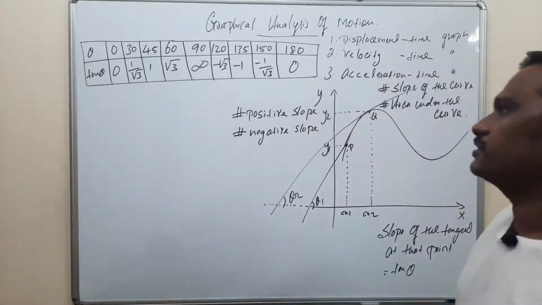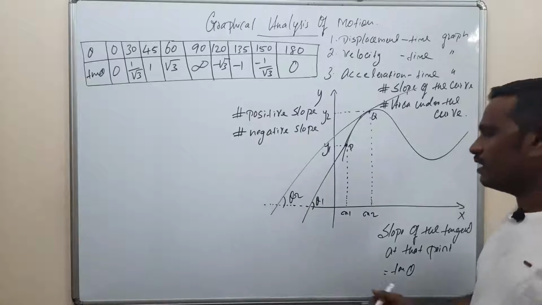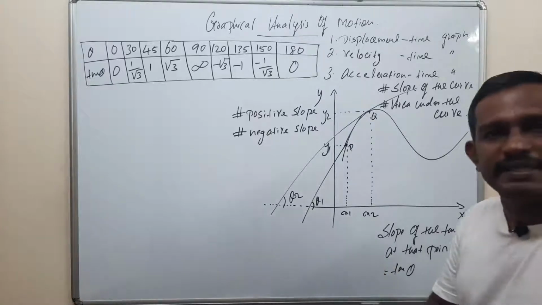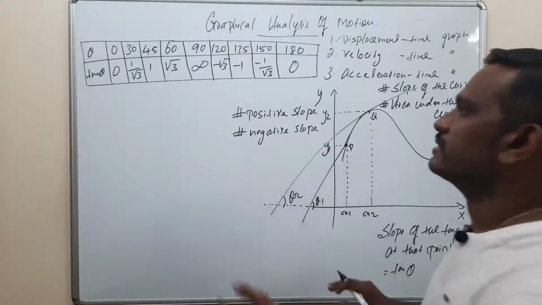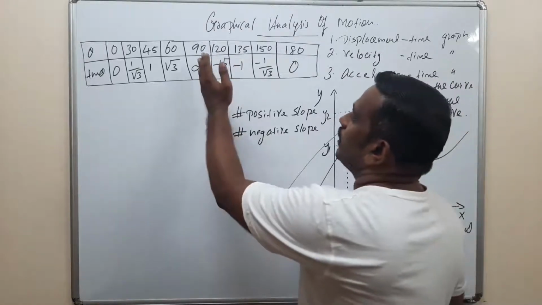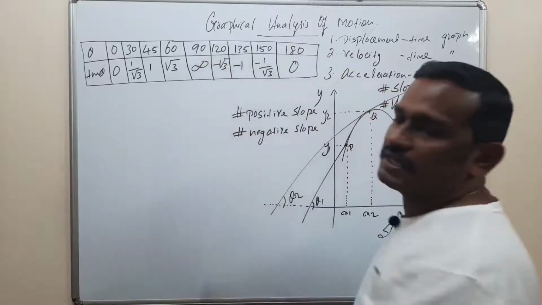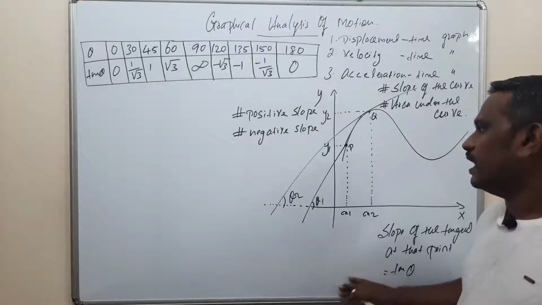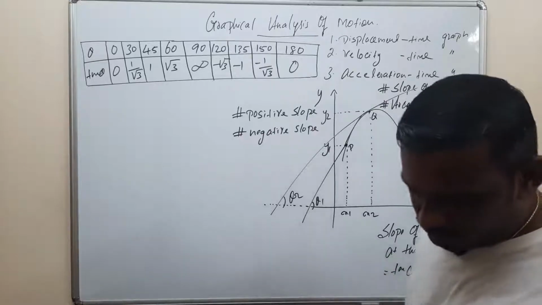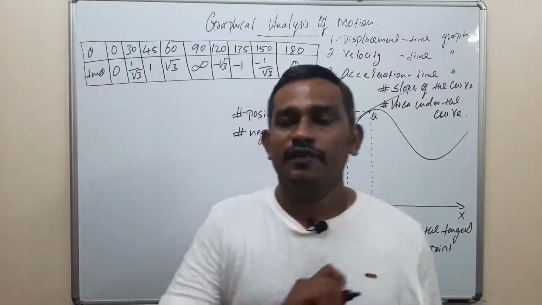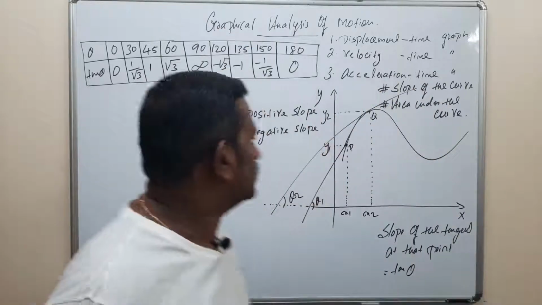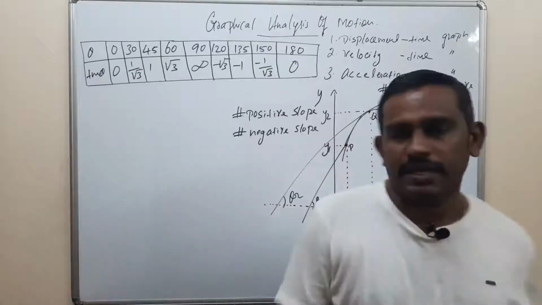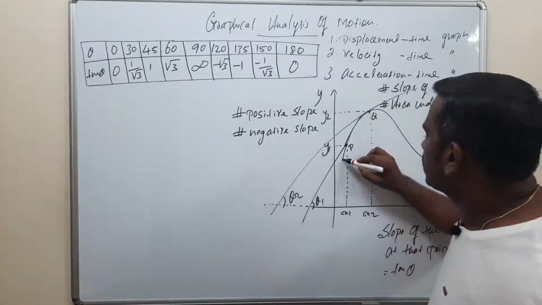That is called positive slope. If the angle made by the tangent with the horizontal x-axis is greater than 90 degrees, it is a negative slope. Otherwise, for the tangent drawn in the increasing portion of the curve, this is the increasing portion of the curve.